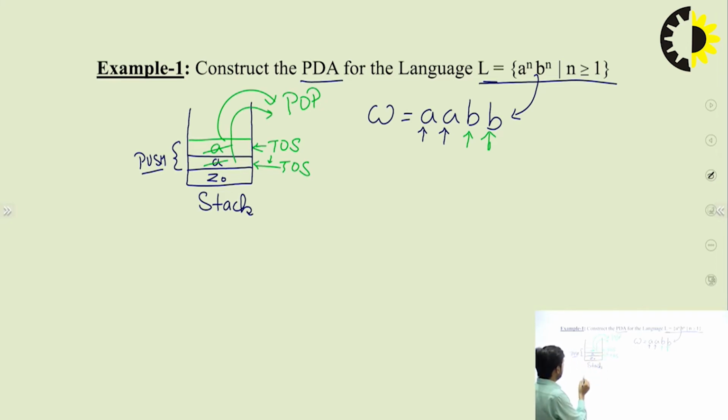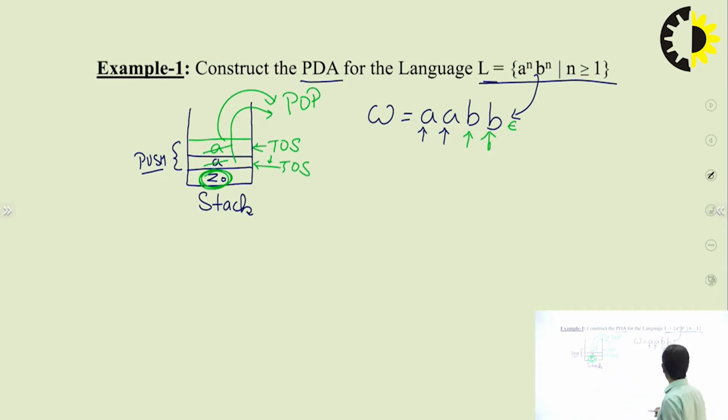Now my stack contains only the symbol Z naught, and the symbol is epsilon, meaning the string is over, A is over, B is over. It means the number of A is equal to the number of B.